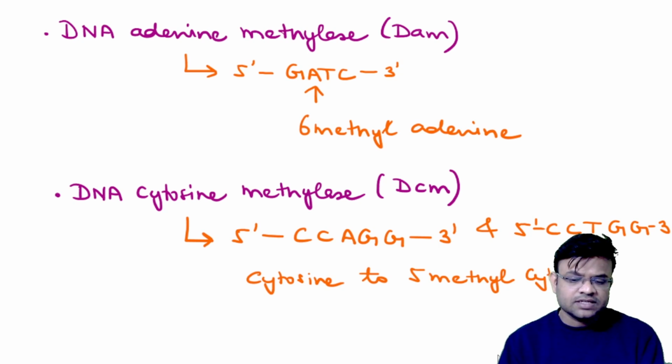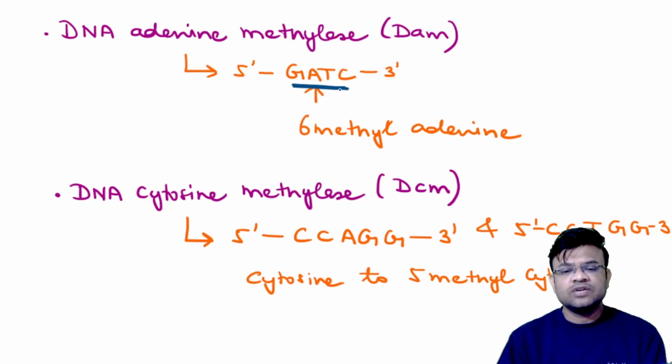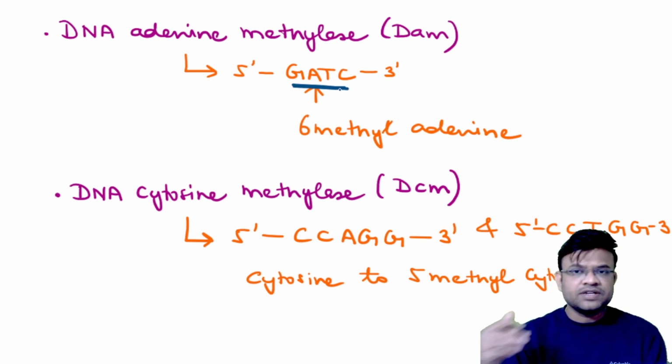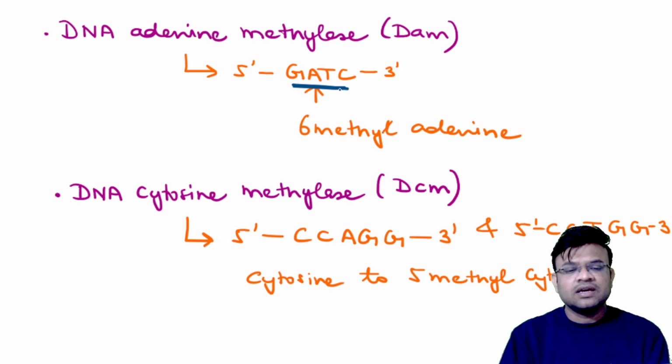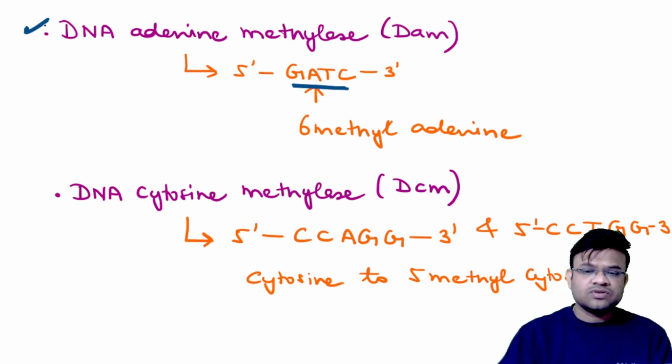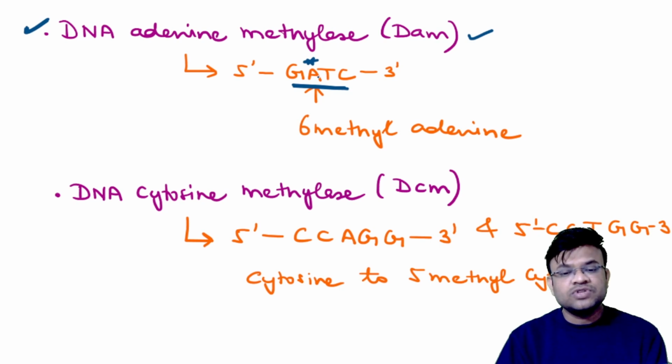For instance, as you can see on your screen, there is a sequence GATC. Whenever there is a sequence GATC, an enzyme called DNA adenine methylase, in short DAM, acts. So this adenine present over here will be methylated, at the 6th position.